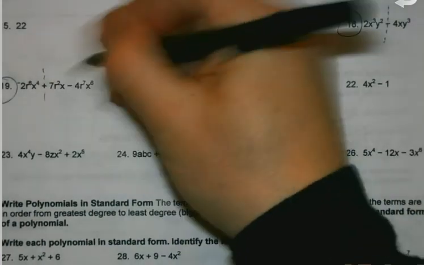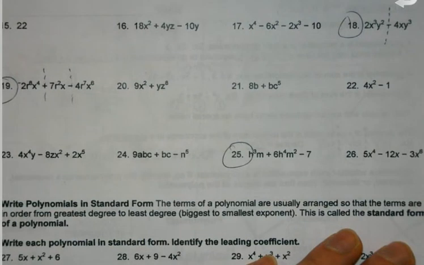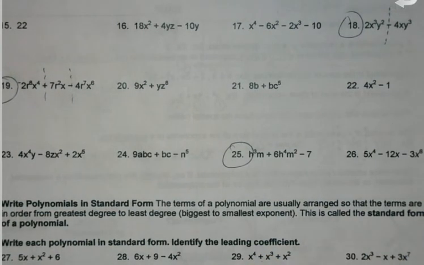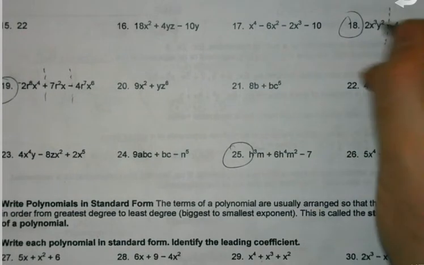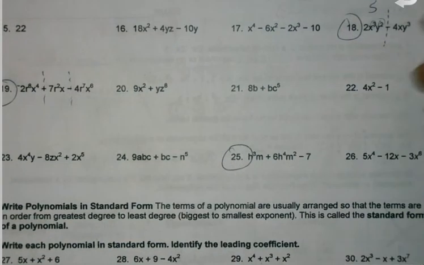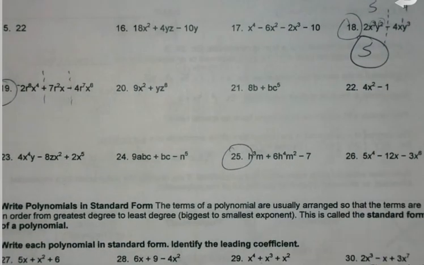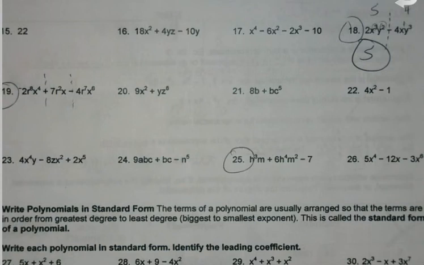So let me just kind of separate those off. Which one of those terms has the biggest exponent when we add them together? The first one, and it adds up to 5. 3 and 2 would get me to a degree of 5 for my first. Here, 1 and 3 only gets me up to 4. I want the biggest one every time. So we're good on that one.